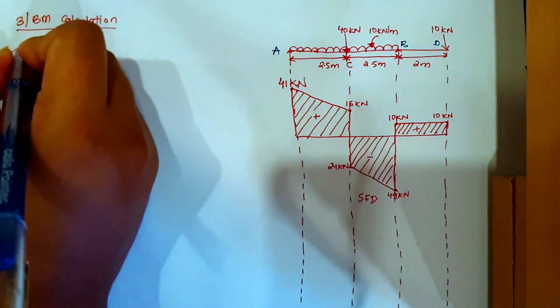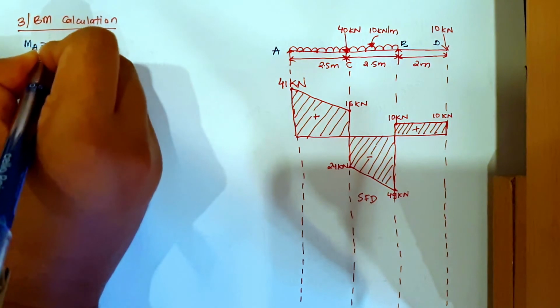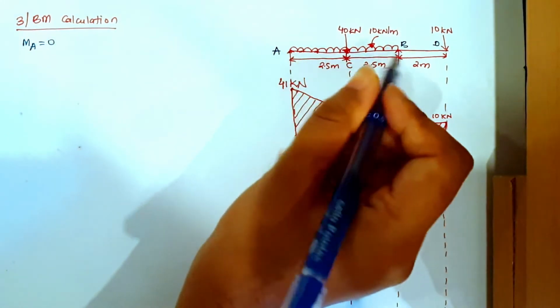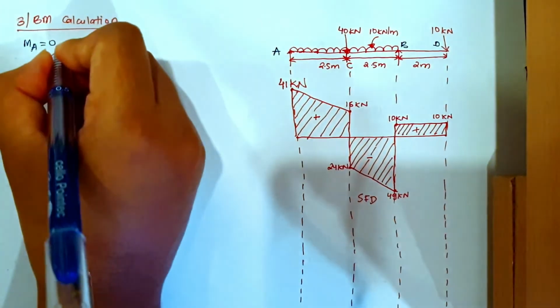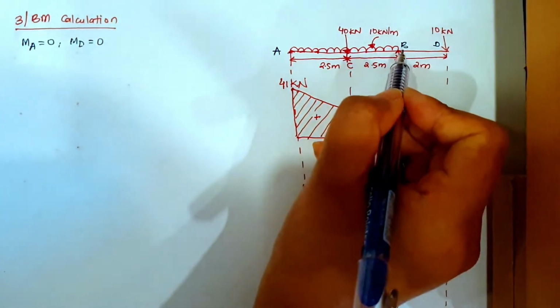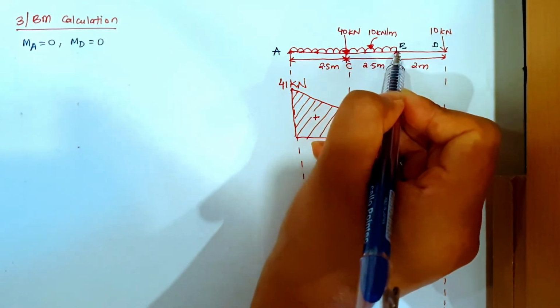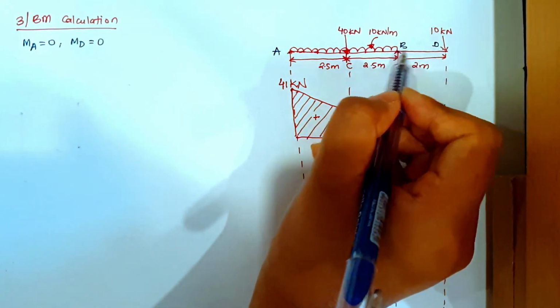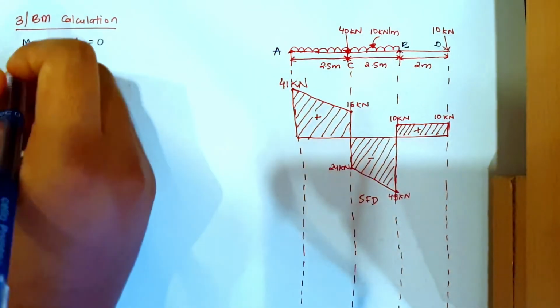So moment at A will be equal to 0, simply supported है, और D पे free end है, so moment at D will be equal to 0. Now let us find moment at C, moment at B.